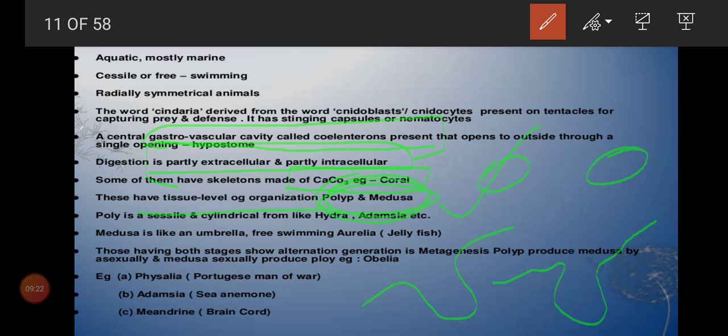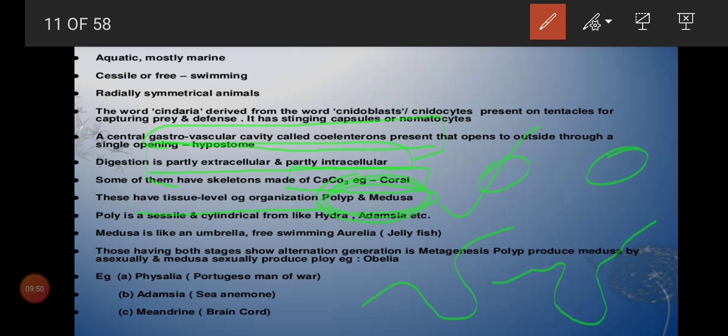If it is sessile, it won't attach to a proper substratum, but it can move from one place to another also. This polyp can be converted into medusa through asexual reproduction, and medusa can form polyps again by sexual reproduction.